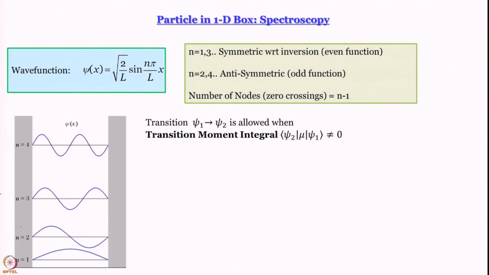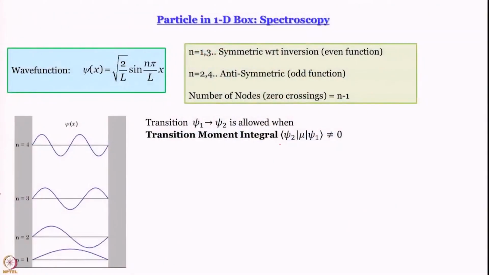I am deeply indebted to a colleague who many years ago told me that spectroscopy is just quantum mechanics in action. All these calculations that we do in quantum mechanics are manifested in the interaction of radiation with matter, because that is the only way in which you can probe the energetics of a system experimentally, and quantum mechanics is all about energy levels and wave functions and so on.